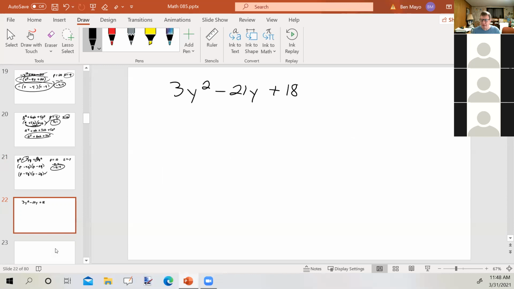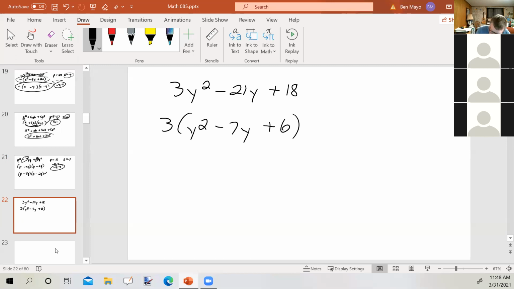It has a 3. But notice 3 is the greatest common factor of all 3 terms in the trinomial. So, kind of going back to section 6.1, I'm going to factor out that greatest common factor, leaving me with y squared minus 7y plus 6.